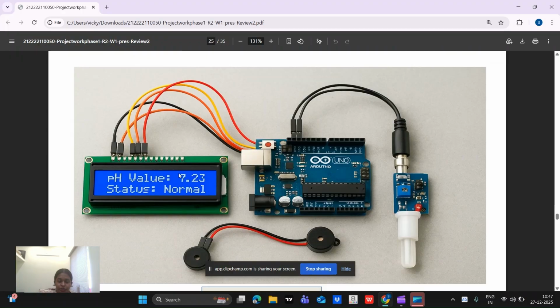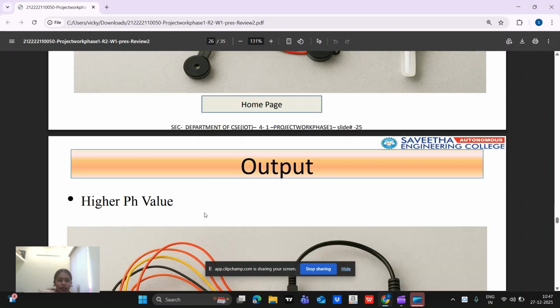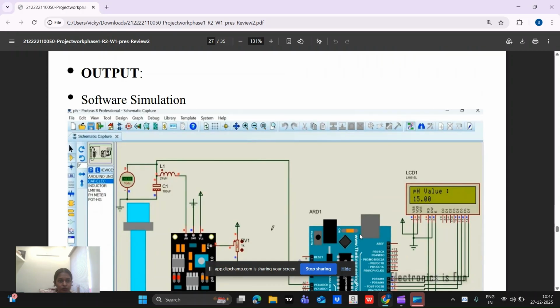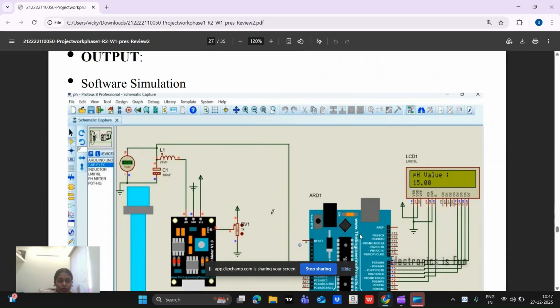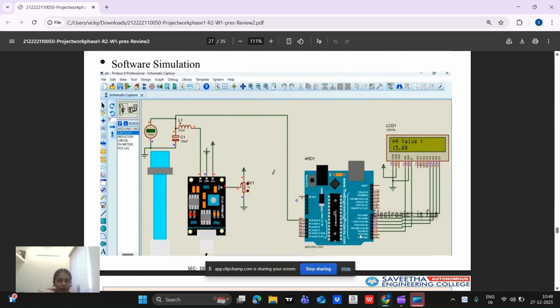It shows the result as normal, which is 7.23. If the pH value exits the range, it generates an alert which shows the water pH level as 9.85. This is the final software simulation, which is made without using any hardware requirements, and was roughly executed using Arduino.